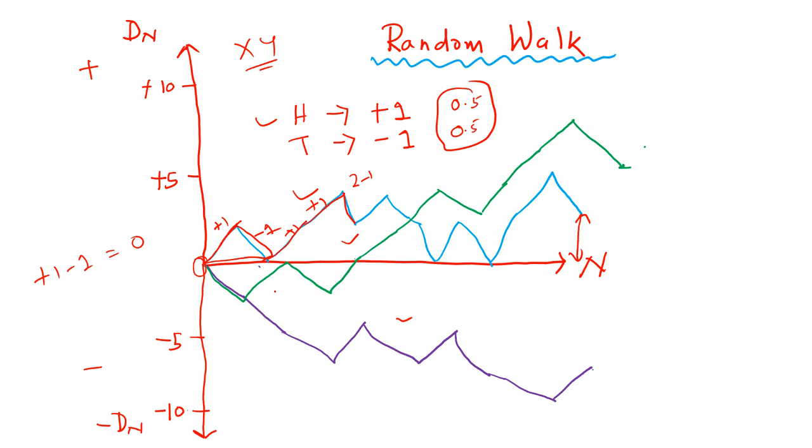Okay. Similarly, for the green curve, you can see there are different outcomes from the toss, and you can see the final outcome is totally different from the individual outcomes that we have seen, and there seems to be no pattern which can be modeled. And this is an interesting problem.